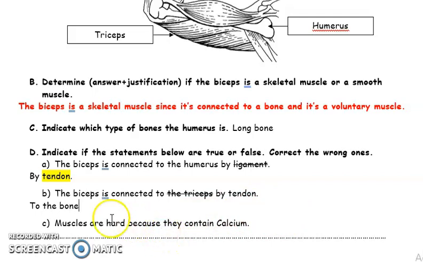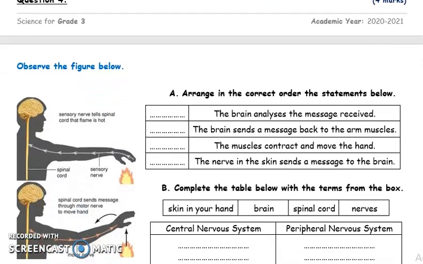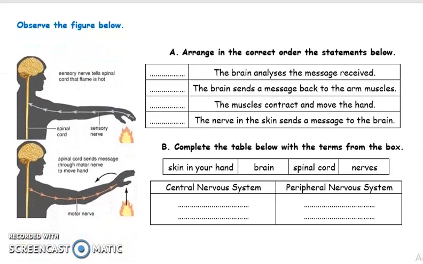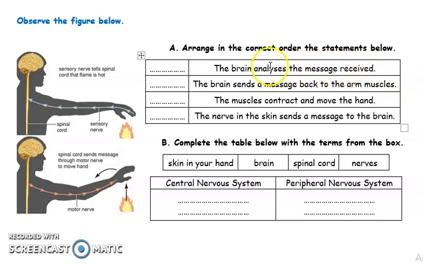Muscles are hard because they contain calcium. This is also wrong, since bones are hard because they contain calcium. Last question, I'll do it quickly. The statements, we should put them in order.